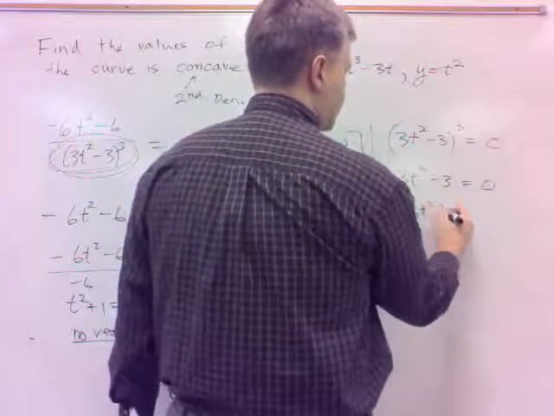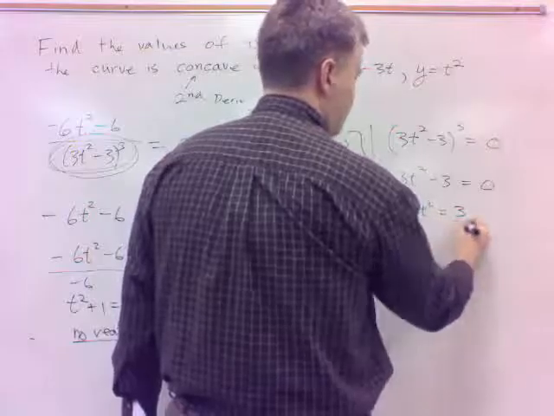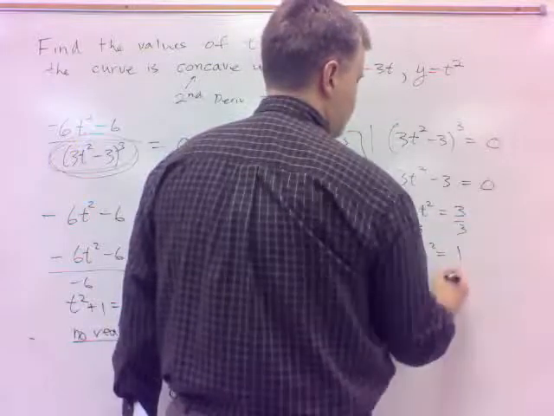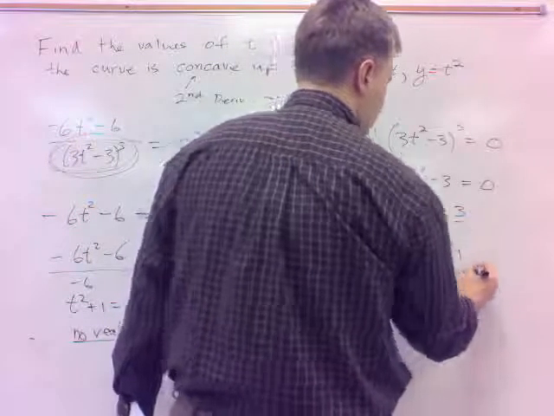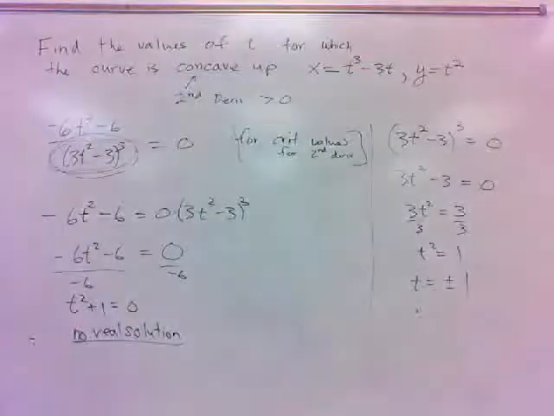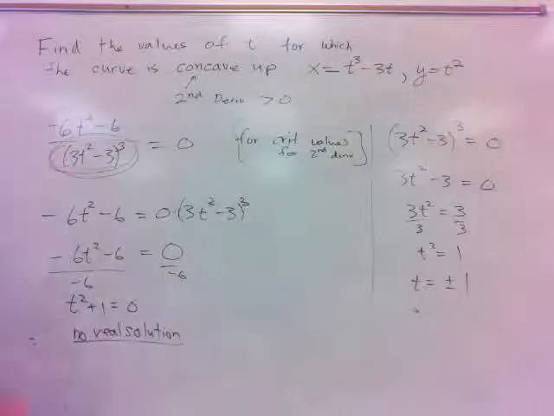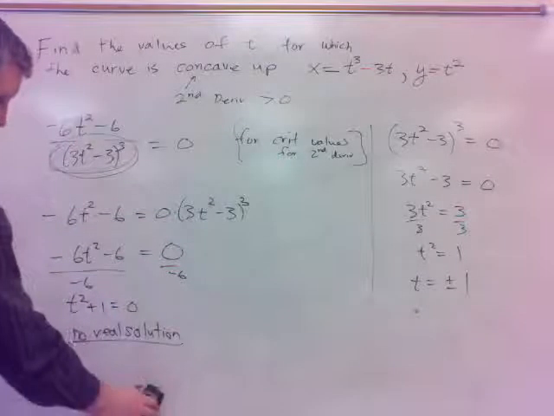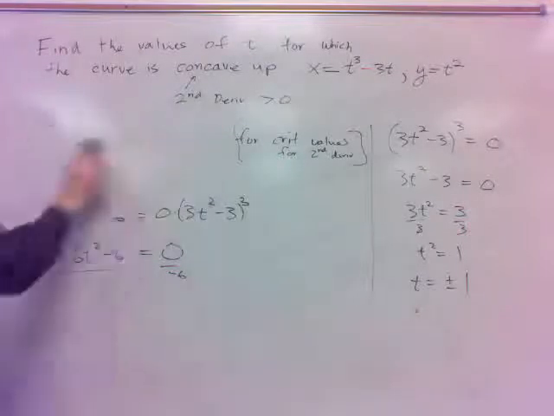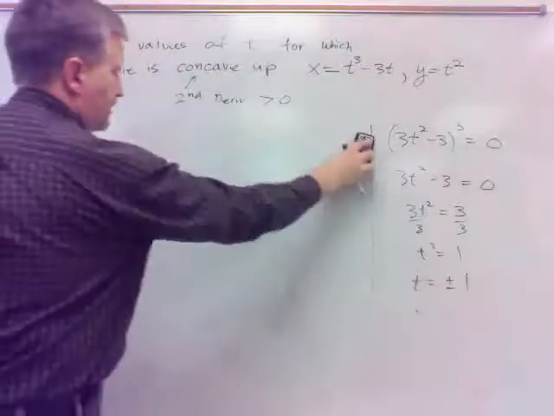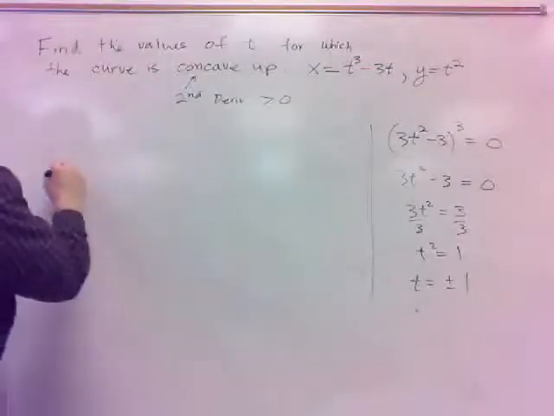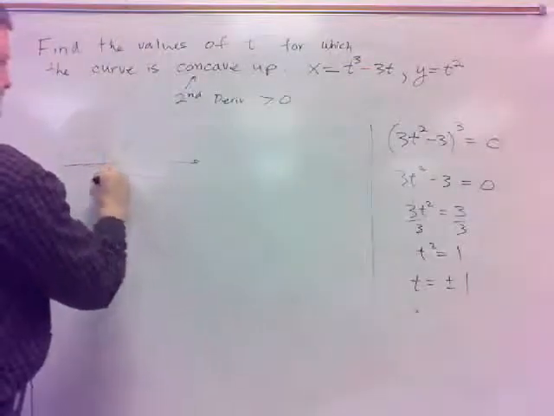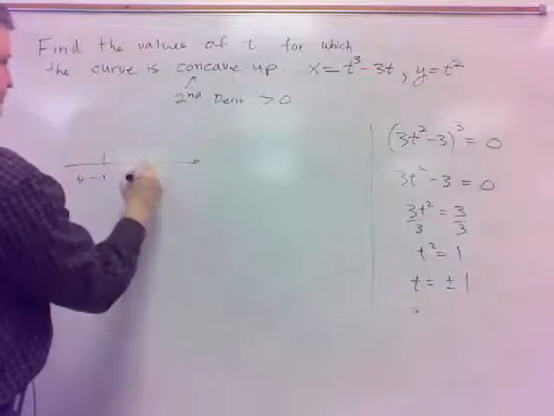That is going to have some solutions. Add 3, divide by 3, t squared equals 1, so t equals plus or minus 1. That's, if you will, a division line for my critical values, two division lines: t equals negative 1 or t equals positive 1.